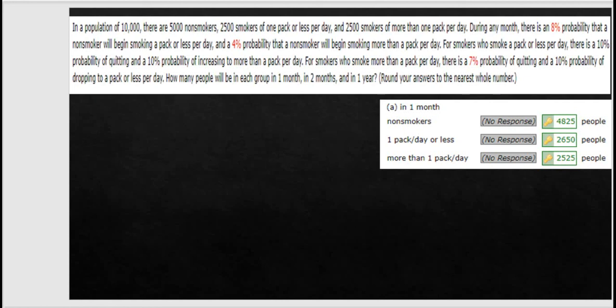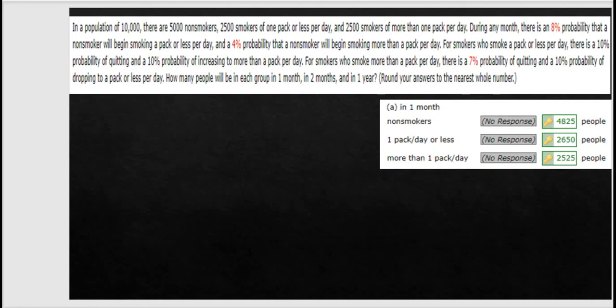So here, in a population of 10,000 people, there are 5,000 non-smokers, 2,500 smokers of 1 pack or less per day, and 2,500 smokers of more than 1 pack per day. So it says during any month.